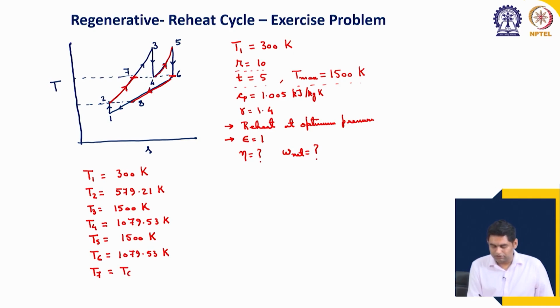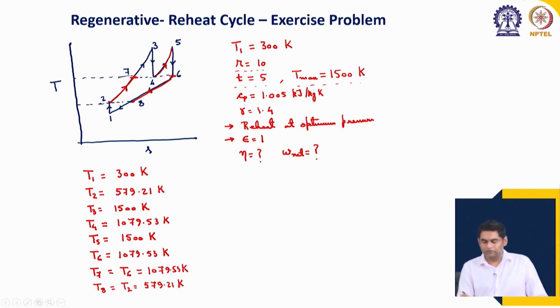So, this is equal to T 6 which is 1079.53 Kelvin, you can note down, and T 8 is equal to T 2 which also we know, this is equal to 579.21 Kelvin. Let us write this down also, because we have written all the other values.